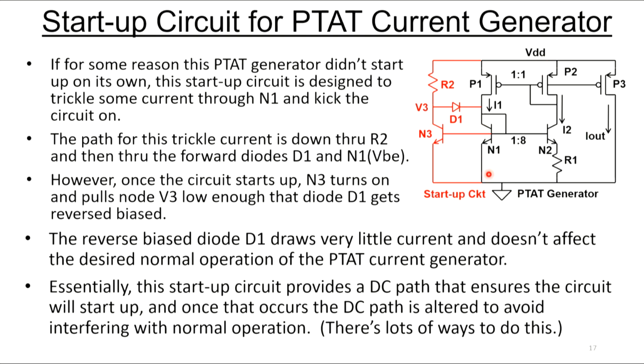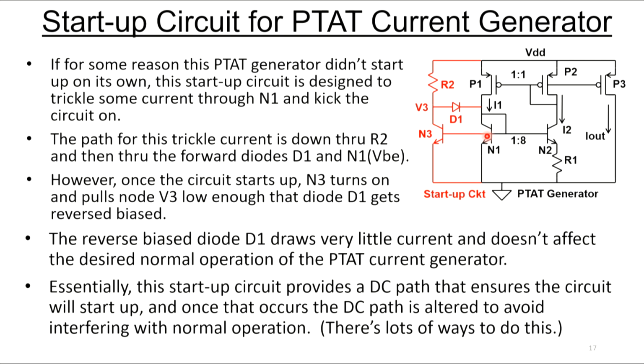So once this thing starts up, now you start pulling all the normal currents. Well, now N3 comes on, and N3 pulls node V3 down. So this diode that used to be forward bias, now becomes reverse bias. That reverse bias diode draws very little current and doesn't affect the normal operation of the generator.